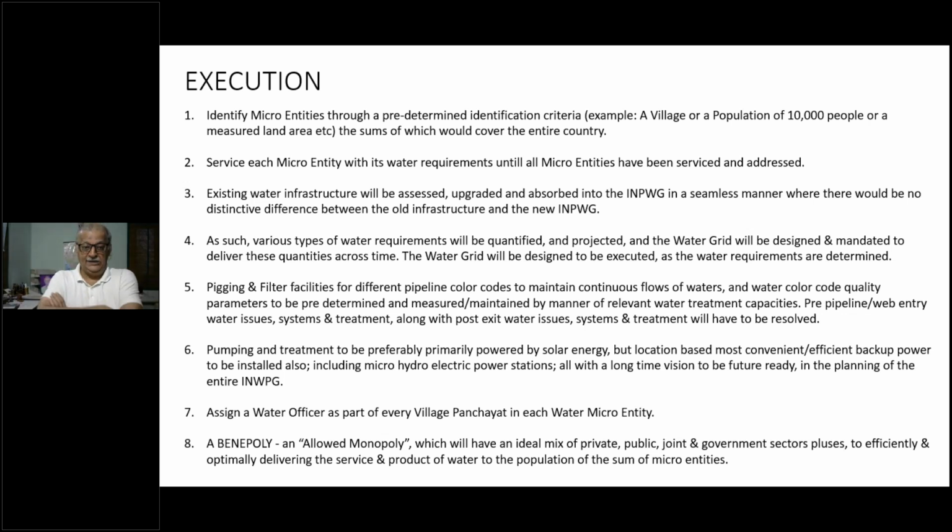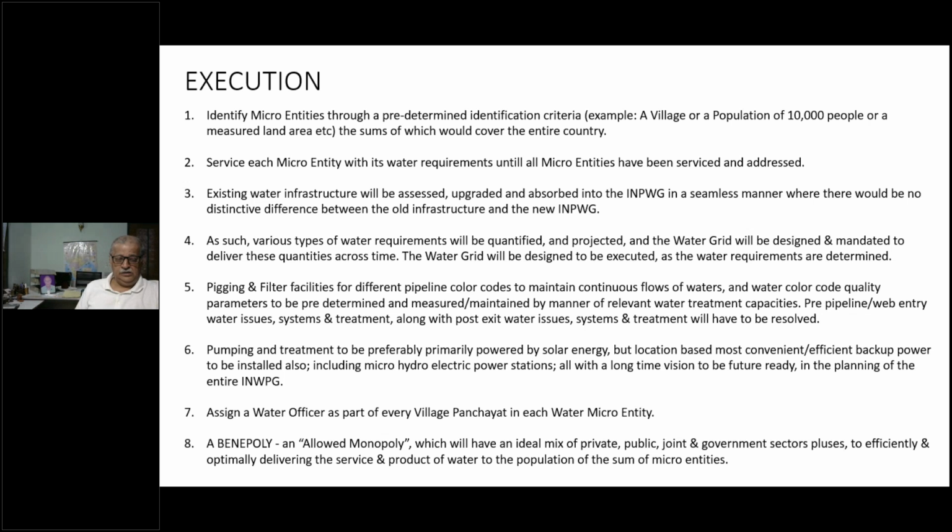And once we have these pipelines in place, small mini hydroelectric dams for pumping purposes or reservoirs can be allowed, should be allowed, but no hydroelectric dams, because A, they are a security risk, and B, they are also an environment risk.